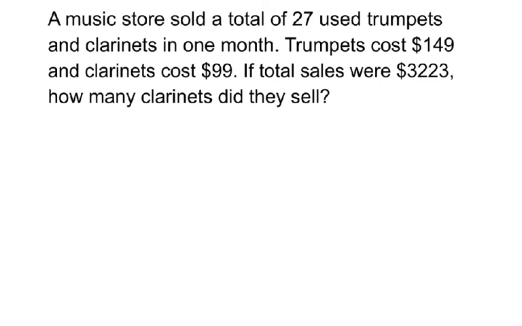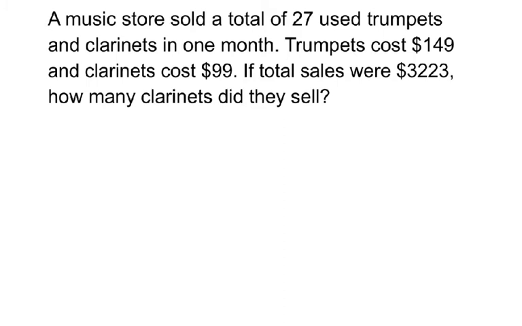All right, let's focus on different word problems, see if we can get them set up. A music store sold a total of 27 used trumpets and clarinets in 1 month. Trumpets cost $149 and clarinets cost $99. If total sales were $3,223, how many clarinets did they sell?